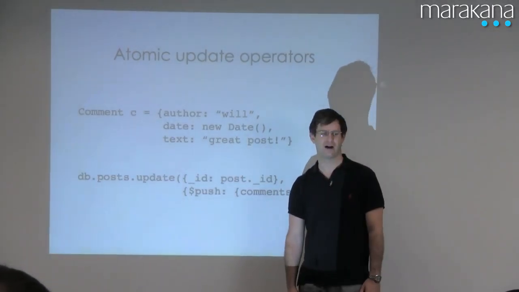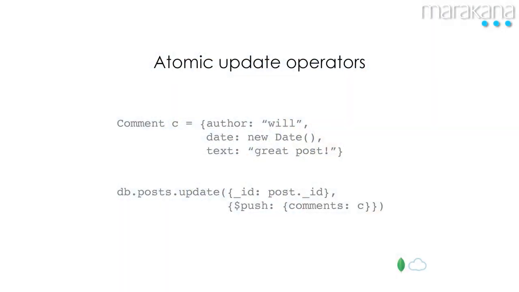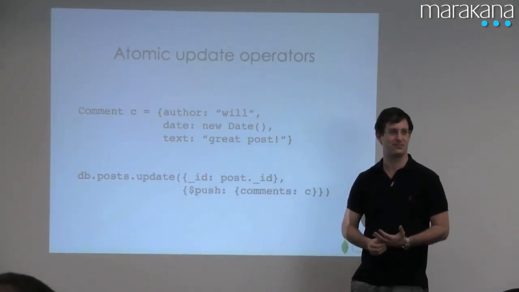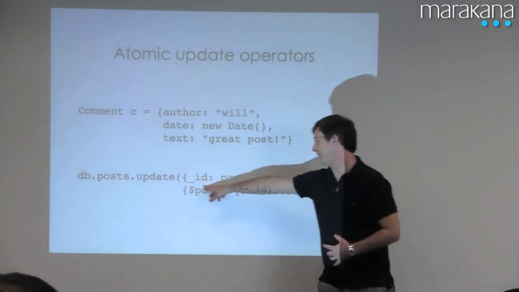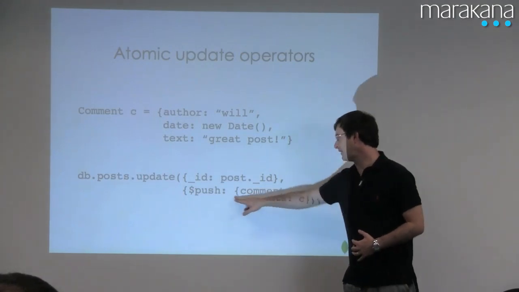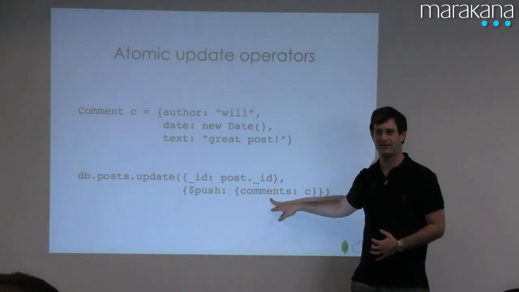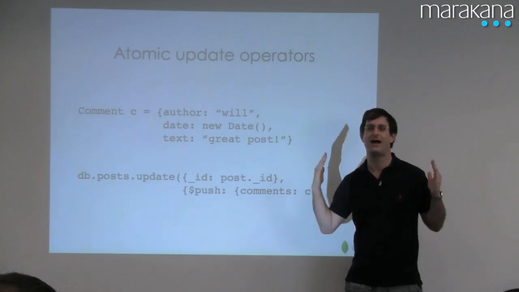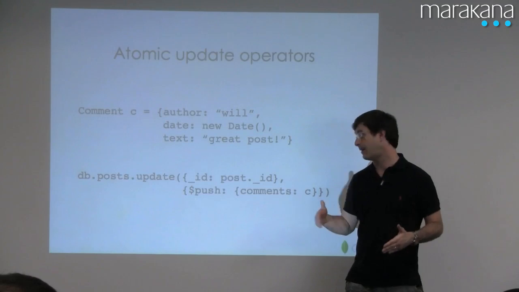They also have the notion of atomic update operators, and this is actually getting to what we were talking about before the presentation. If you had a new comment you wanted to add to a particular blog post, you can actually specify to MongoDB that you'd like to update the post and you'd like to push this new comment onto the list of comments, and you'd like it to be done atomically, meaning if you have thousands and thousands of concurrent posts going on, you don't have to worry about dropping one of them.